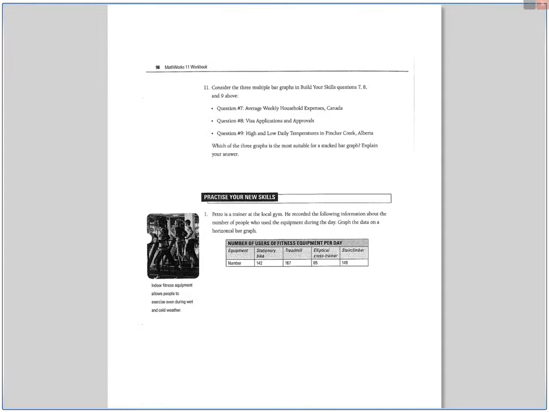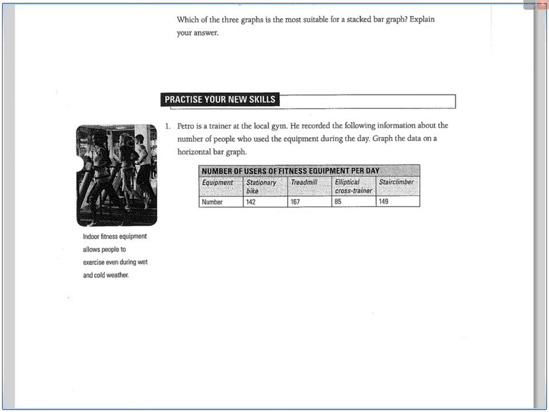And then for homework, practice your skills 1 and 2. Okay, practice your skills 1 and 2. And finish the bar graph that you're working on right now.